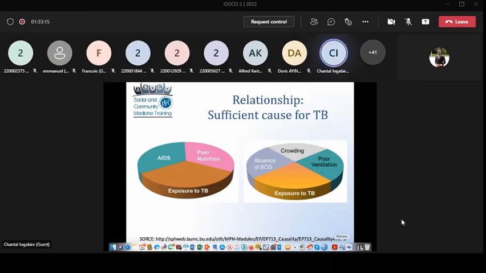So for us, what we are calling a sufficient cause is really something that can lead to the outcome. If you're talking about exposure and outcome, we are really looking at the exposure that might explain the outcome to happen. But when you are talking about exposures, there might be different exposures for different people.